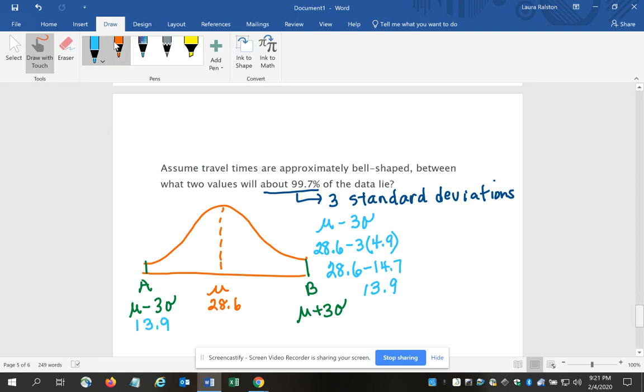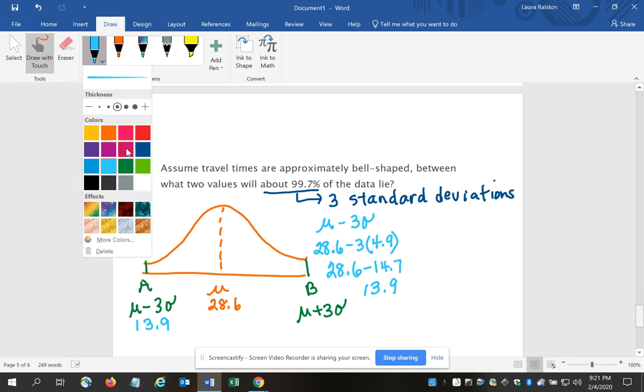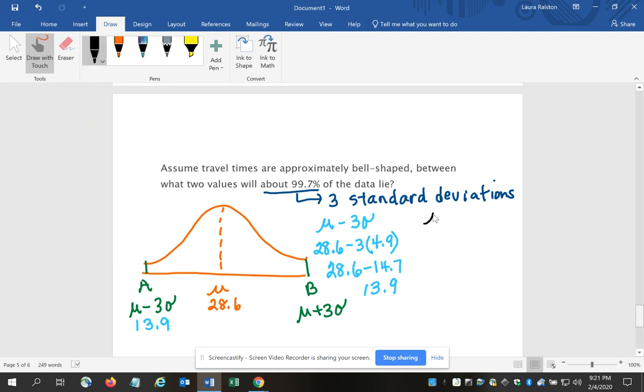And then we also have to do the high end. We would have the mean plus 3 standard deviations. So that's 28.6 plus 3 times 4.9. That's 28.6 plus 14.7, which gives me 43.3.